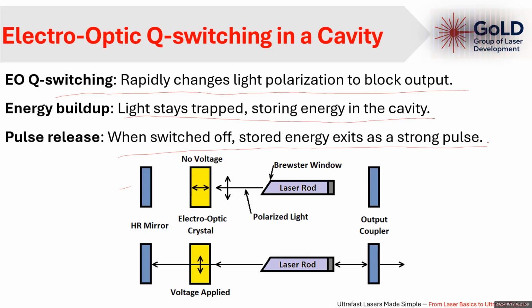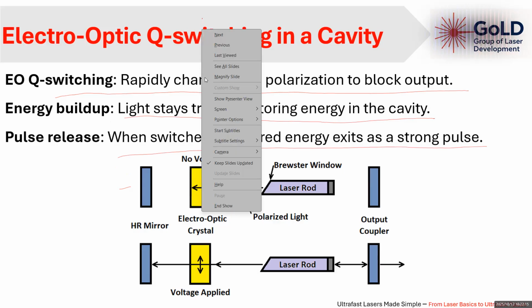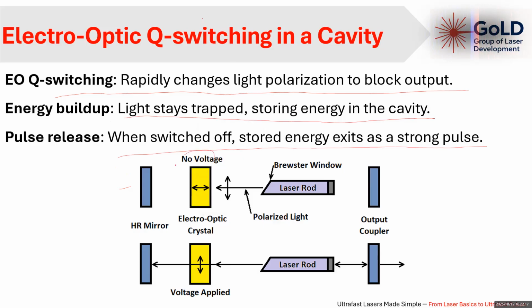Okay, so when the voltage is applied, is on, actually they let the light pass through. Off here when there is no voltage, no electric field, in this case.